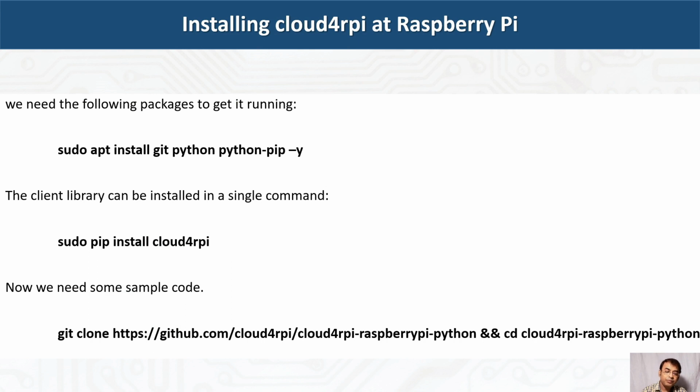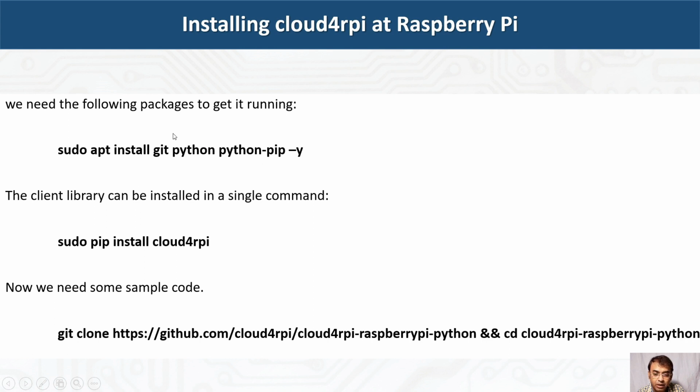So now I'll show you how to install Cloud4Rpi in Raspberry Pi. These are the commands, guys. sudo apt install git python-pip -y.